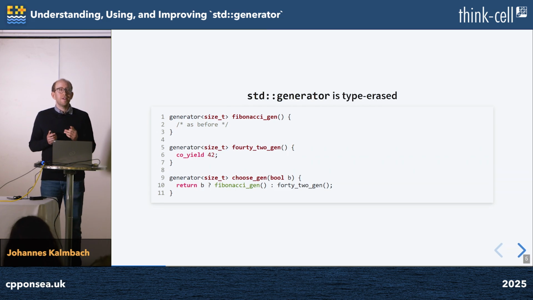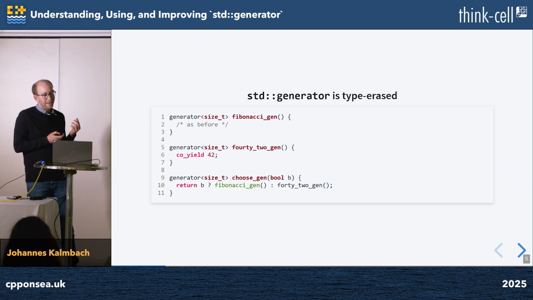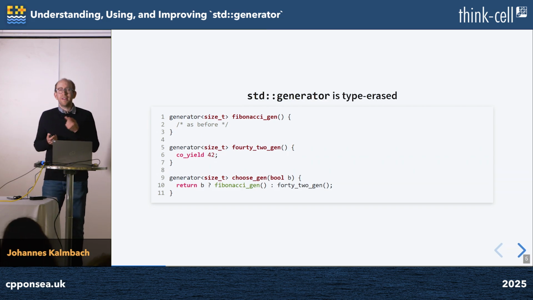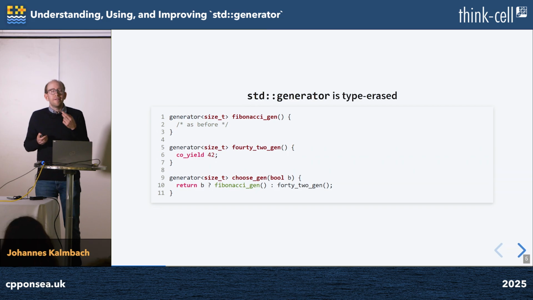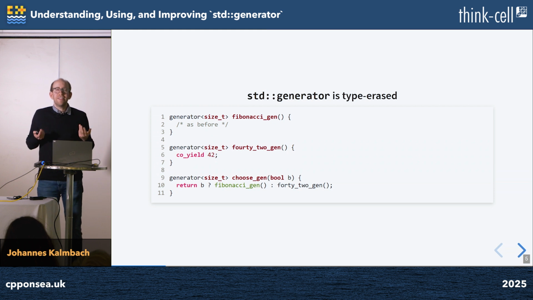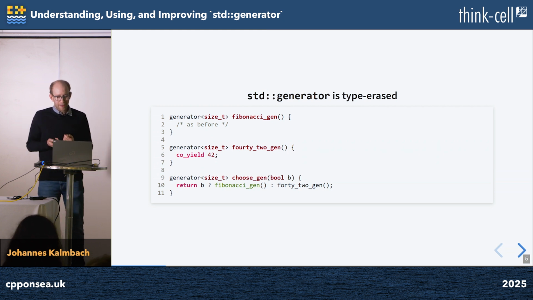But if you evaluate them, they both have the same type, generator. So if you look at this function at line 9, I can, at runtime, choose one or the other, although they have internally completely different logic and code that they have to run. So that is the nature of something polymorphic or type erased.